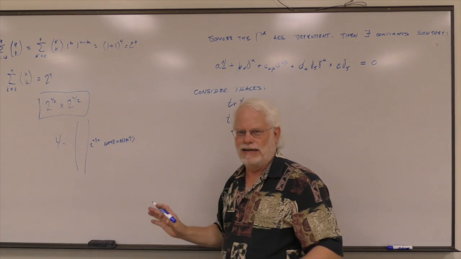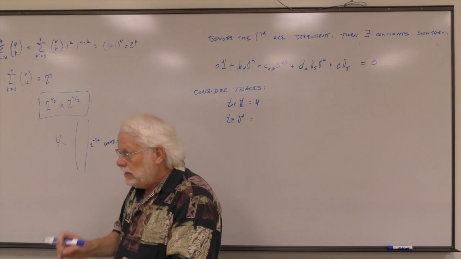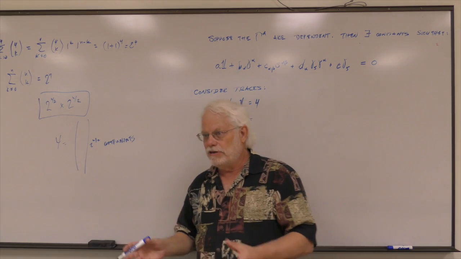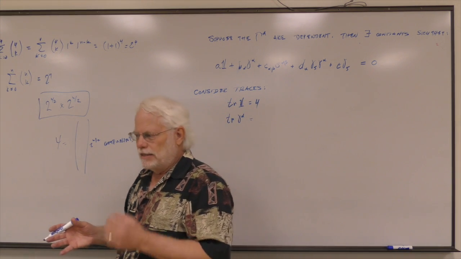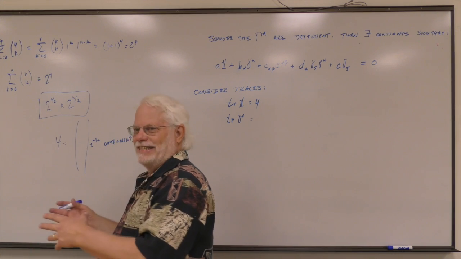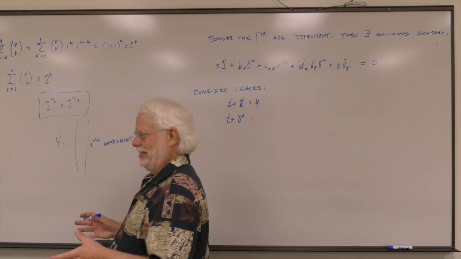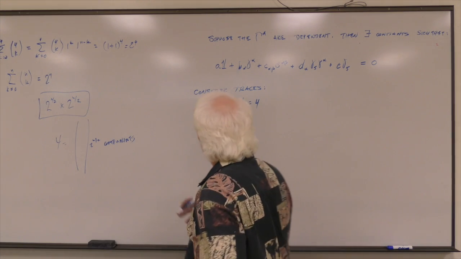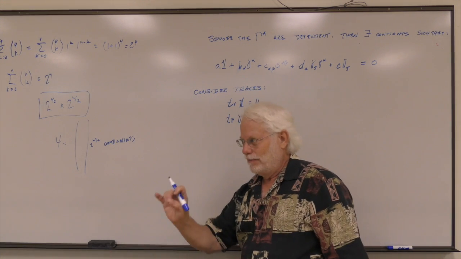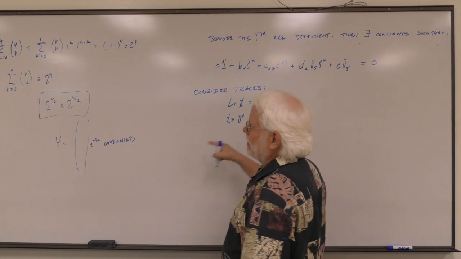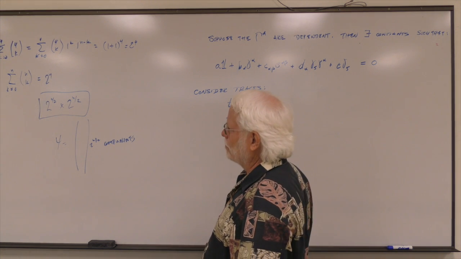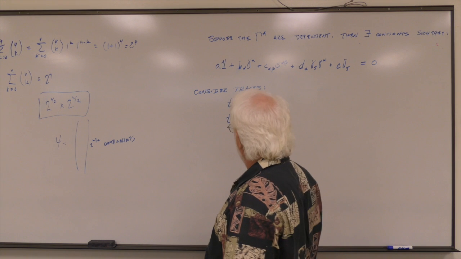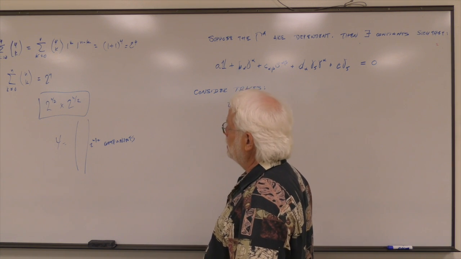But what you need to do quantum field theory, QED, is you need to be able to take traces of products of gamma matrices. So developing the ability to do that is what we're really after here. But we'll use it to prove this proof.